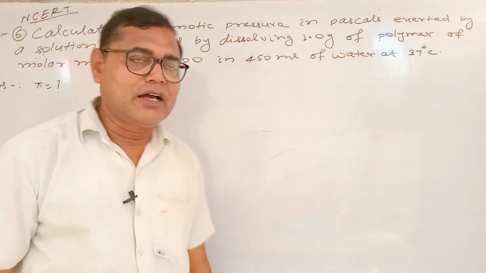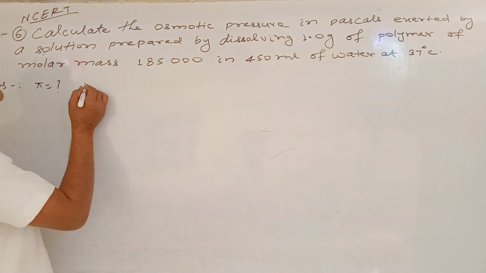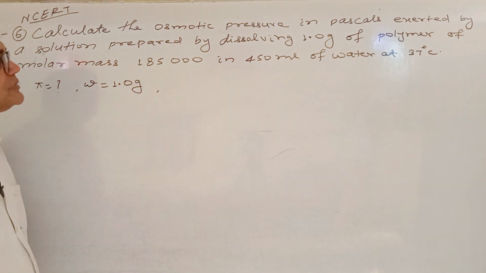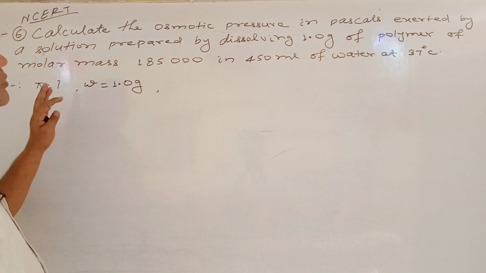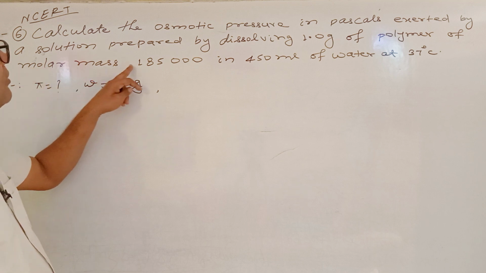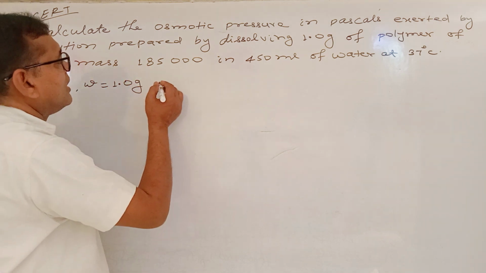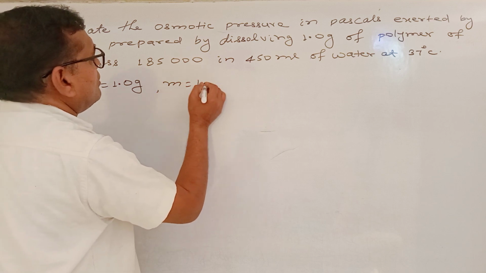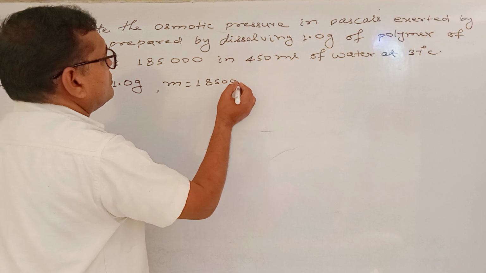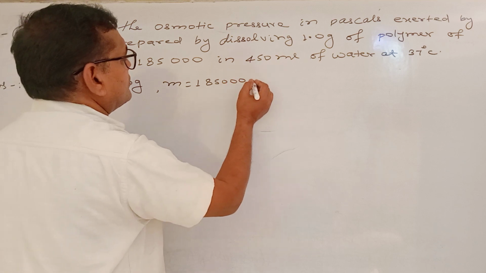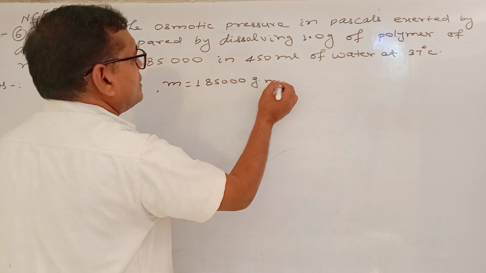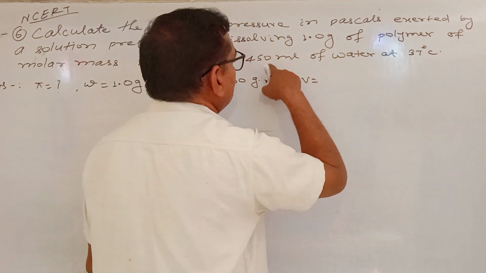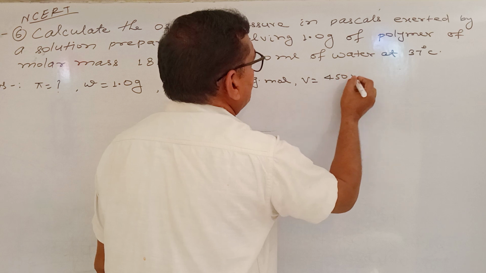Therefore, we write small w is equal to 1.0 gram. Molar mass of polymer is 185,000, therefore we write M is equal to 185,000 gram mole inverse. Volume of solution is 450 ml.